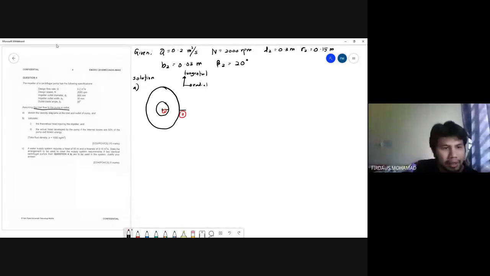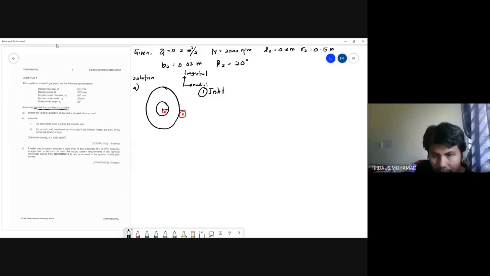For the inlet, the given parameter, the given inlet flow is radial, meaning that at point 1, the inlet, the absolute velocity enters the pump radially.